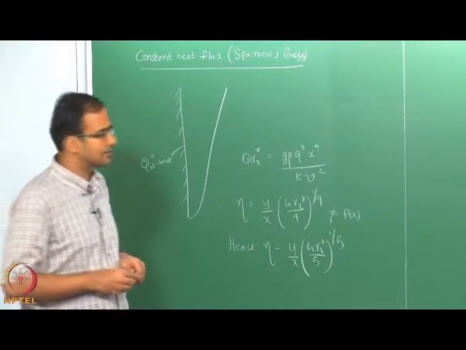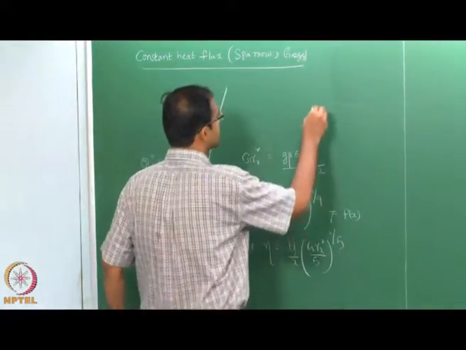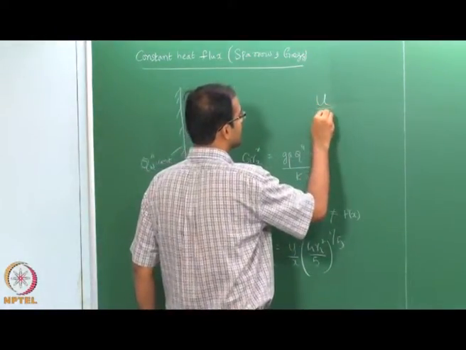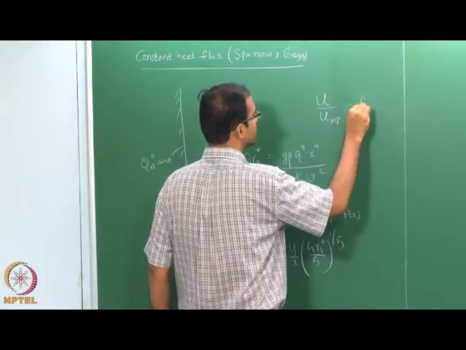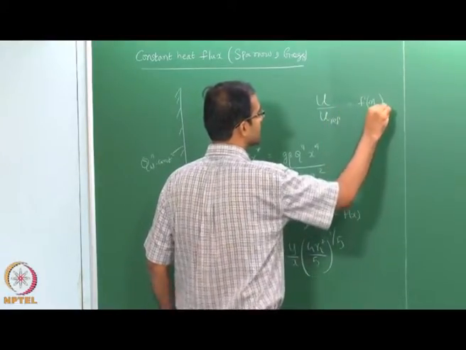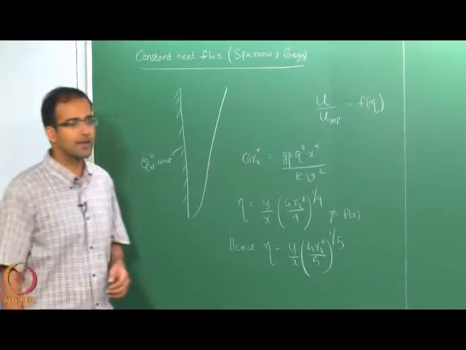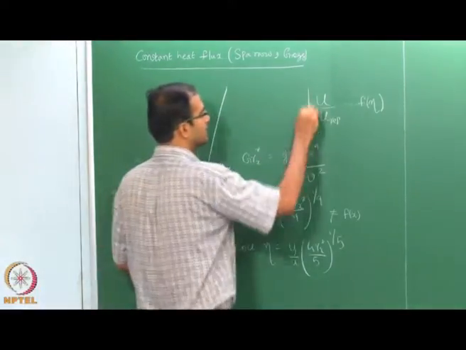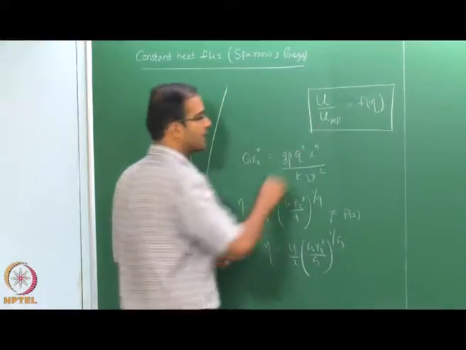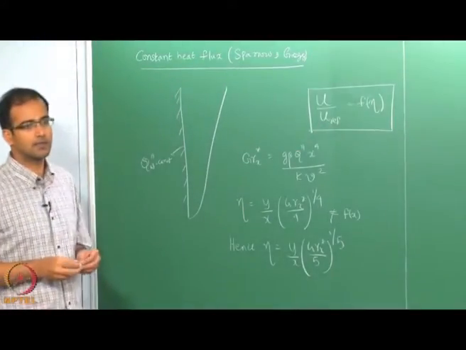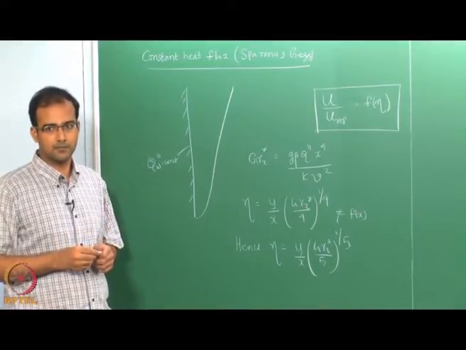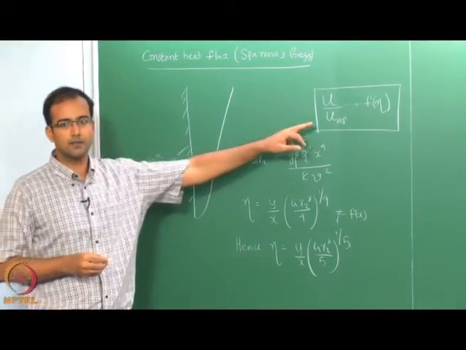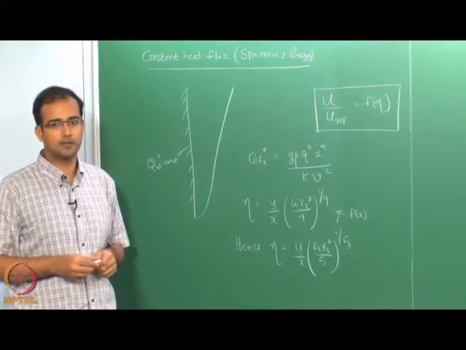We start from the basic assumption in the similarity solution that u by u reference is a function of eta. That means if you plot a non-dimensional velocity profile, it should be only a function of eta, correct? For this you need to know what the u reference is.